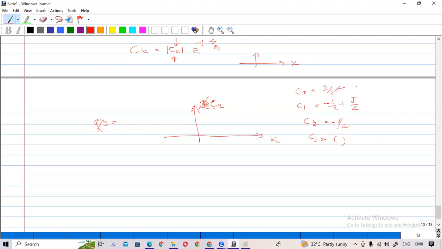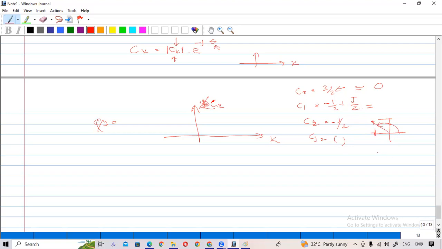This is a real value, okay, the phase is 0. And what is the phase here? If you plot C1 in the complex plane, it is minus 1/4 and plus j2, like this, okay. So you have to find this value.